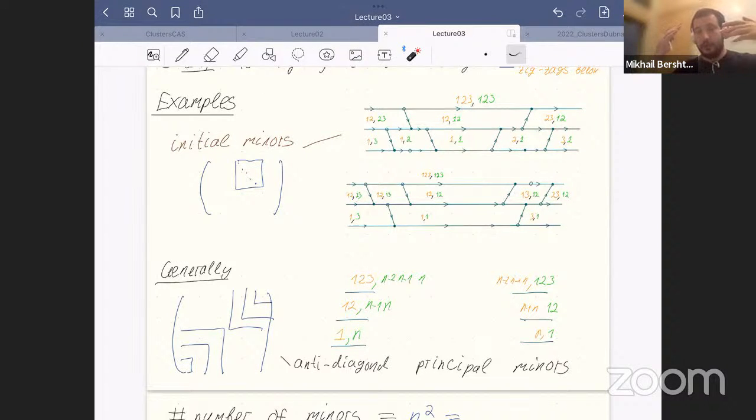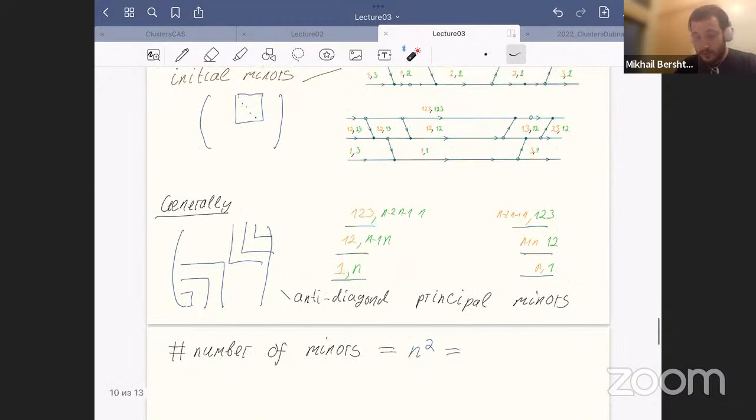So each edge increases the number of faces by 1, and the number of edges will be n choose 2 for orange zigzags and n choose 2 for green zigzags. So this is n plus n choose 2 plus n choose 2. So the number of minors is fixed.